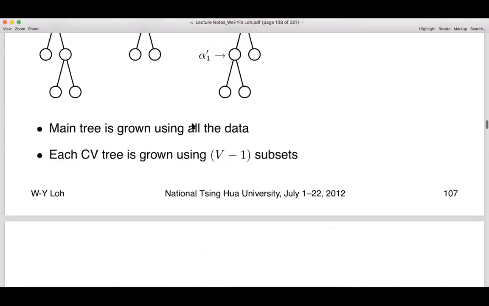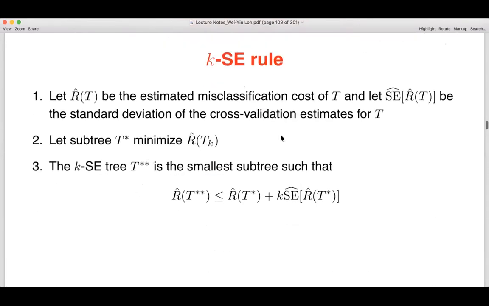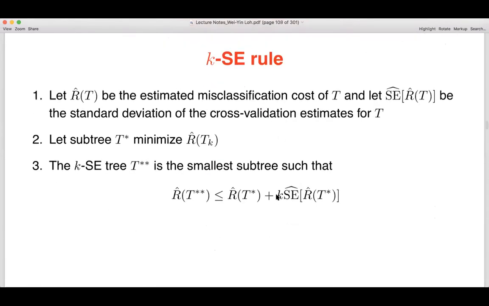So if you set it to 0, it will pick one of these CV trees with the smallest misclassification cost as the result. That means you will pick the most complex tree among these cross-validated trees, because the most complex tree is usually the one that fits better.